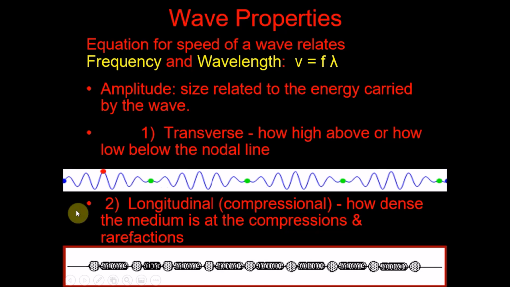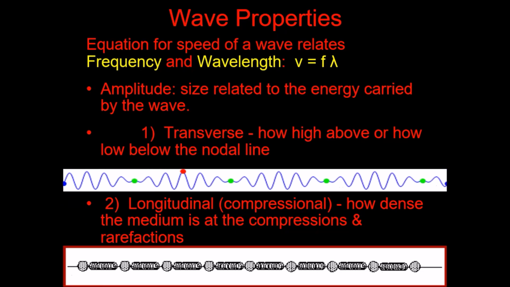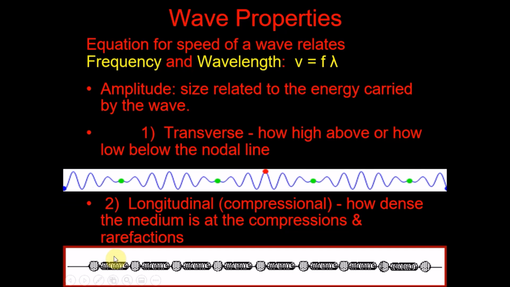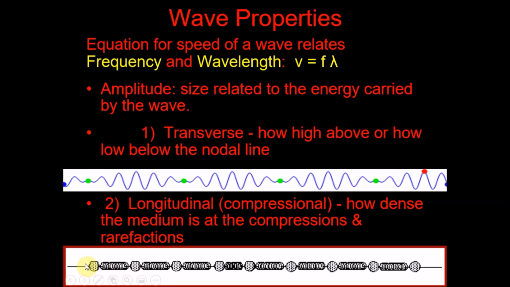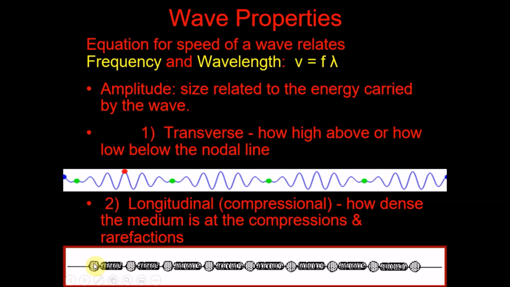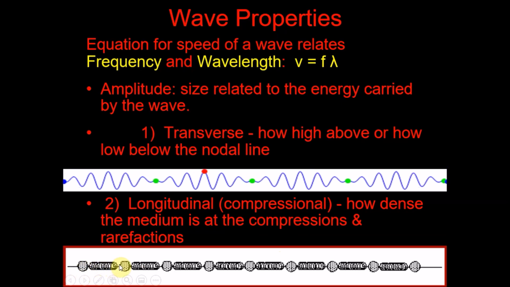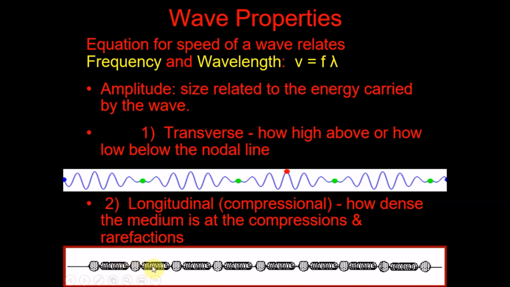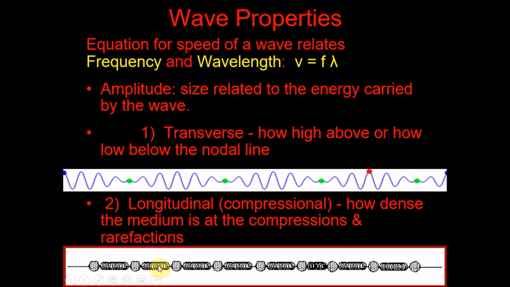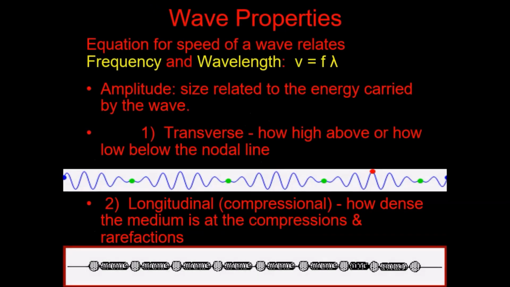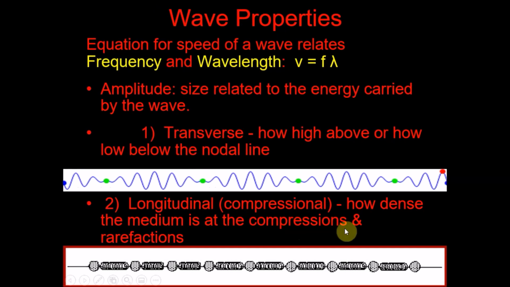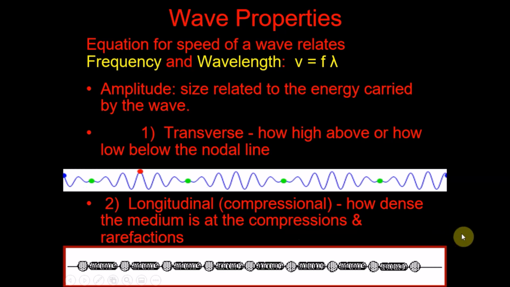Our longitudinal wave, shown here in a better sense than the previous spring, shows what happens as a vibrator is moved back and forth. So here, this object is thrust forward, compressing this spring. This causes a movement of this particle, which compresses this spring. And this compression wave is moved down the line by compressions and rarefactions from one end to the other.